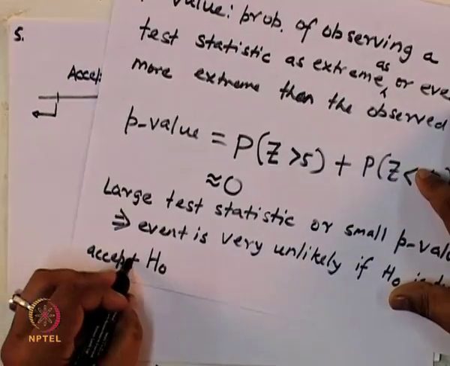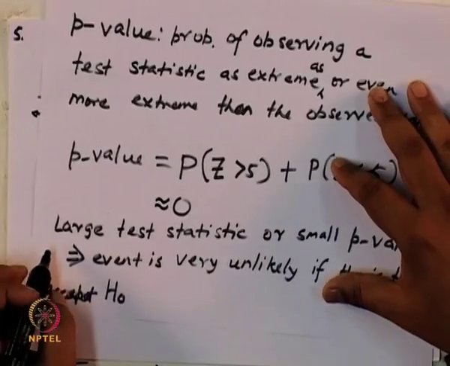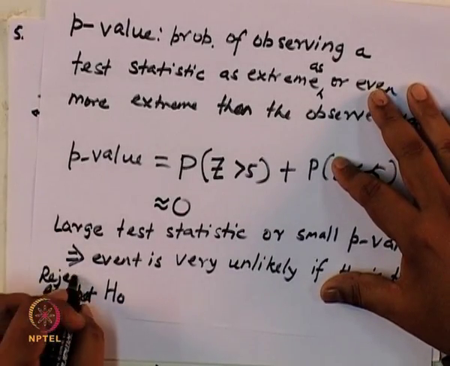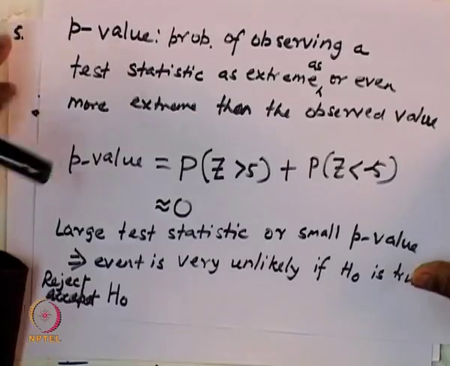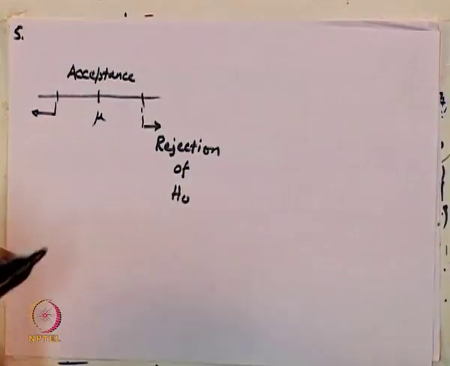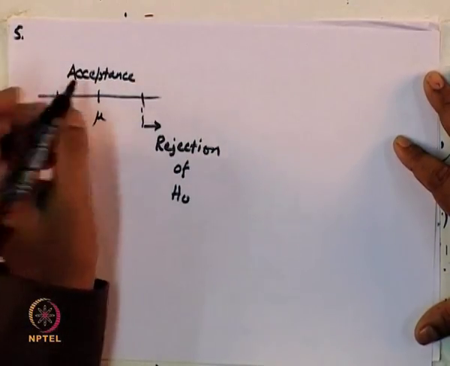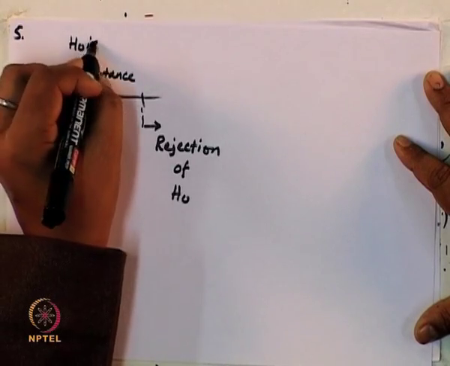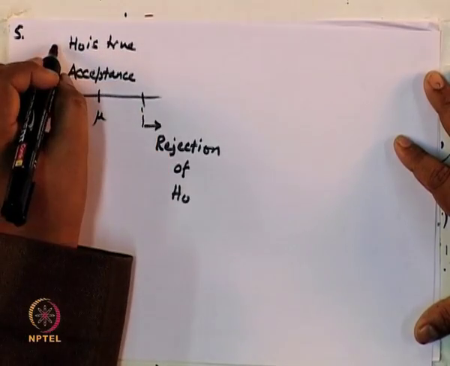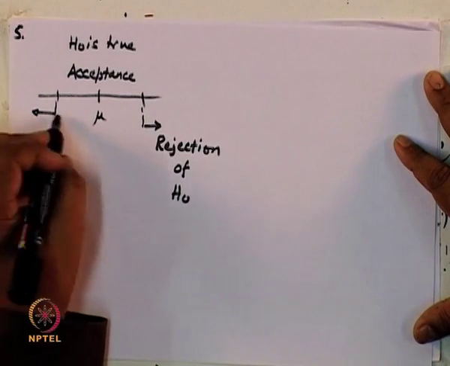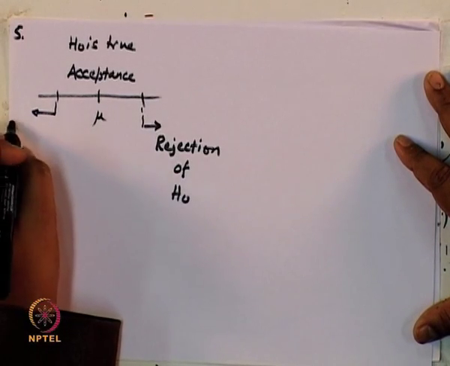In the last case I have to reject H naught, since this is 5 standard deviations away from it. So, this is the acceptance region where the H naught assertion is accepted, versus for these 2 points you have a rejection.